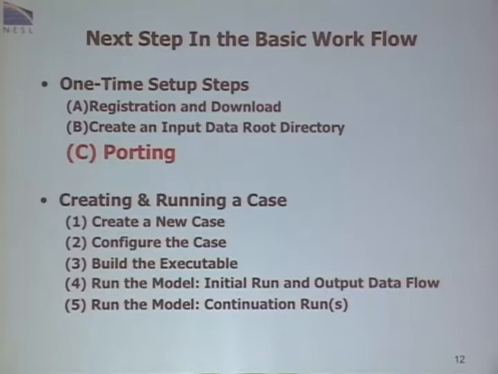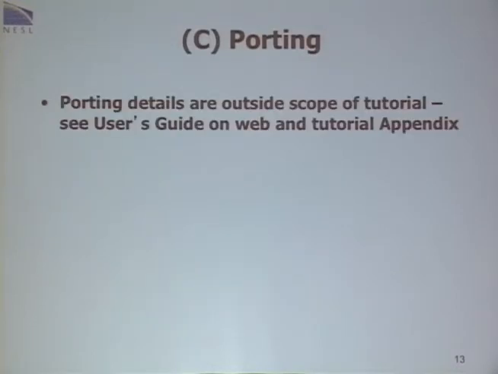One other thing: the biggest step in running on a new machine is porting. I'm not going to talk too much about it because it's a complicated procedure. The user's guide is a good place to look for information about what considerations go into that. One thing you really want to do is not try WACCM-X if you're porting to a new machine as your first run of CESM.